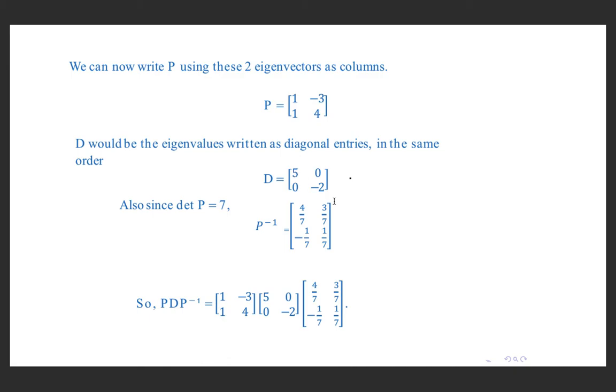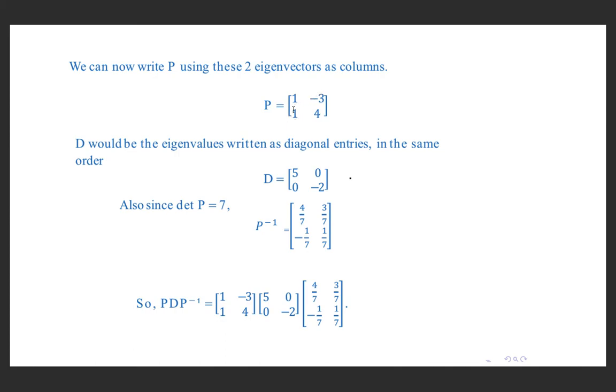Since the determinant of P is equal to 7, P inverse is equal to 4 by 7, 3 by 7, minus 1 upon 7, 1 upon 7. Everyone knows how to calculate the inverse. First, we calculate the minor of each of its elements. Like the cofactor of 1 is minus 1 raised to power 1 plus 1 and 4; we delete this row and this column. For minus 3 it is minus 1 raised to power 1 plus 2 and into 1.